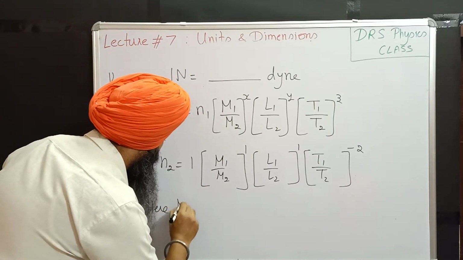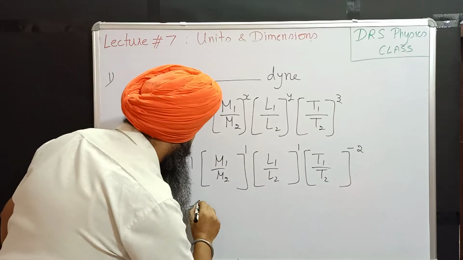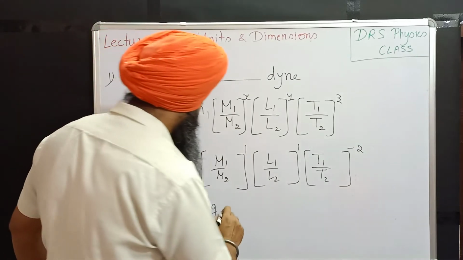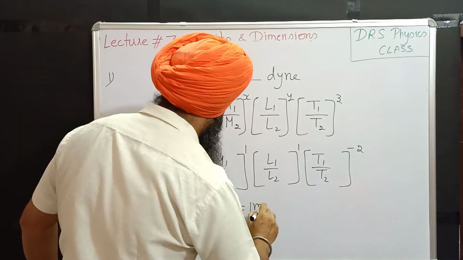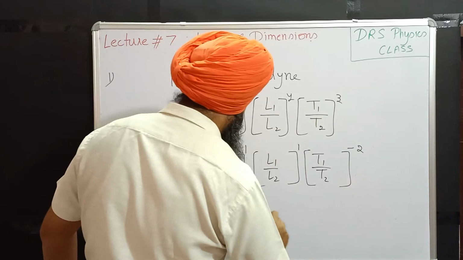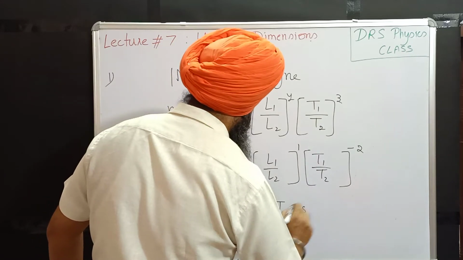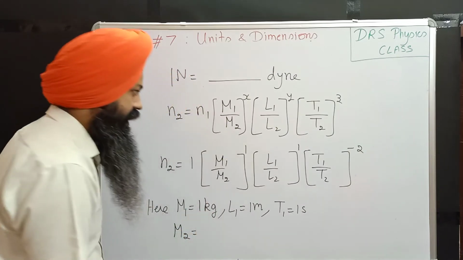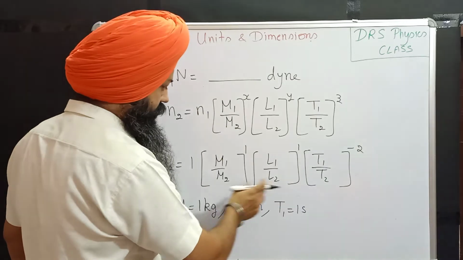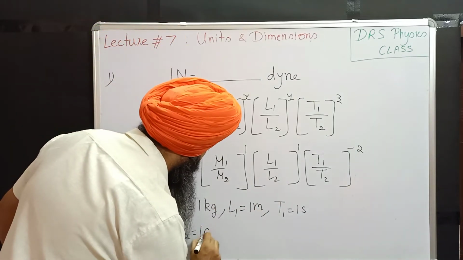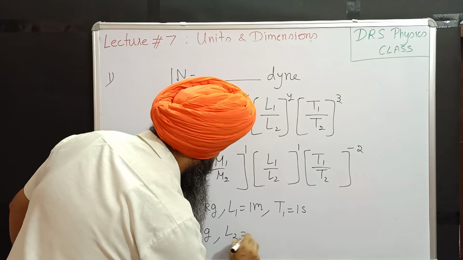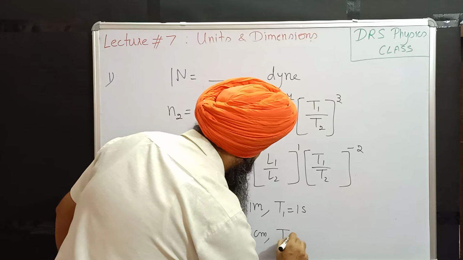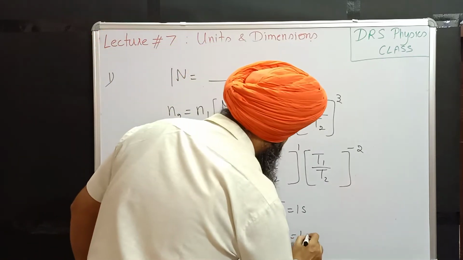Here M1 is 1 kilogram, the SI unit of mass. L1 is 1 meter, the SI unit of length. T1 is 1 second. M2 is the CGS unit of mass and it is gram, so 1 gram. L2 is the CGS unit of length, 1 centimeter. What about time? The same unit, second.